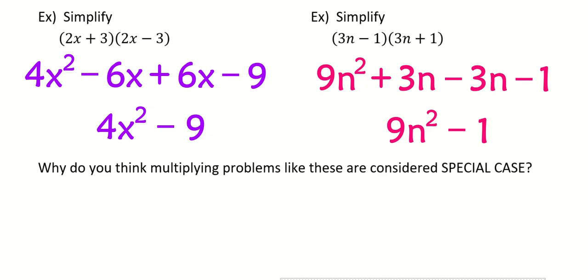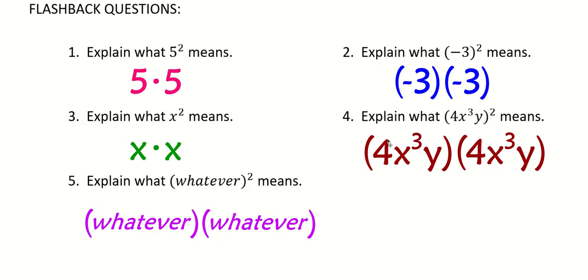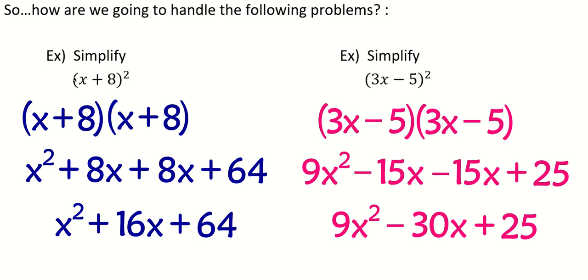Now, this one right here is different. Because of what ends up happening here, you actually can just distribute the power, because it's really just going to be 4 squared, x to the 3rd squared, and then y squared. So you can do it here as a shortcut, but you cannot do it here.